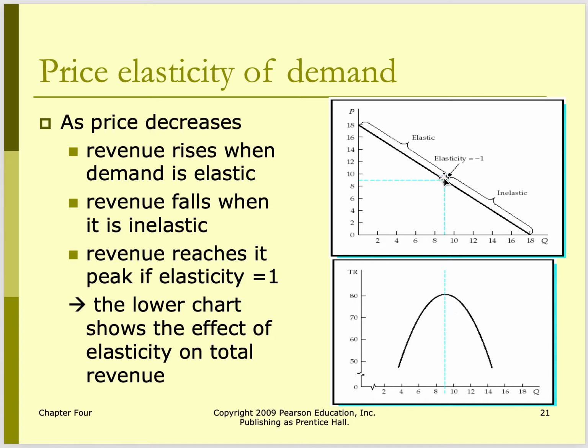And it's symmetric about the unit elasticity. So if you're in the elastic region, increasing prices is good. You'd like to increase it to become unit elastic. That's where you maximize your revenues. And you will decrease your revenues thereafter. It's an important curve.